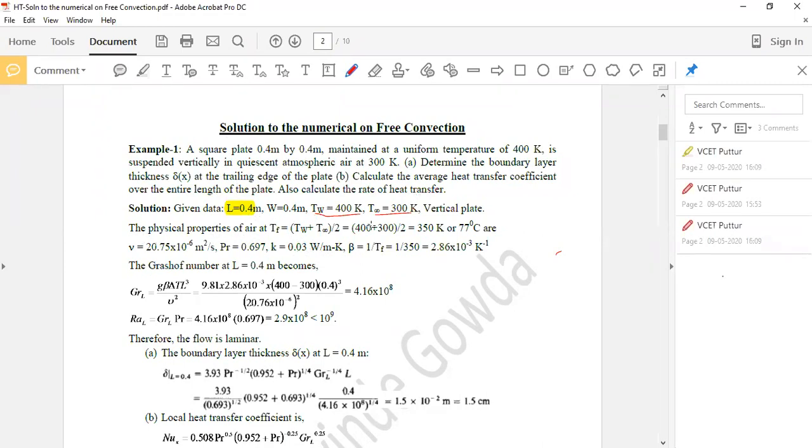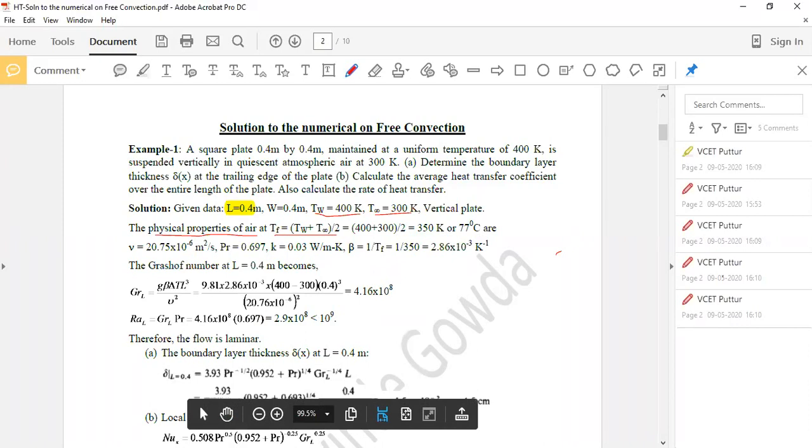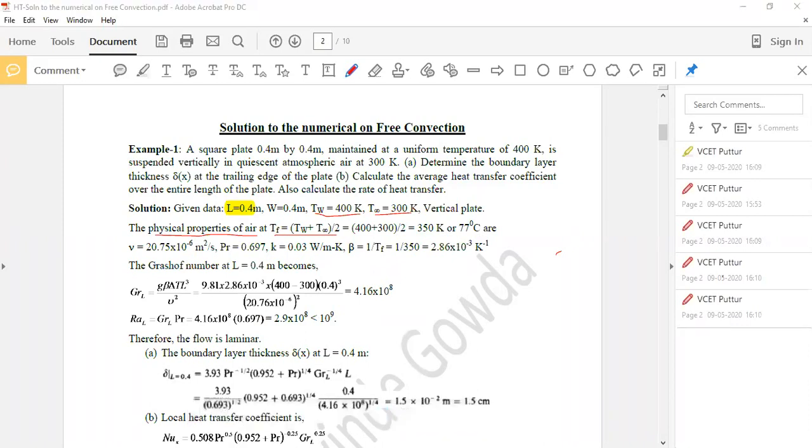Anyway, now you know the wall temperature, you know the free stream temperature T infinity. So therefore, you can find out what is the mean film temperature at which you have to read all the properties of the air. So mean film temperature is calculated to be 350 degree Kelvin or 77 degree centigrade. So at this 77 degree centigrade, you have to read the properties.